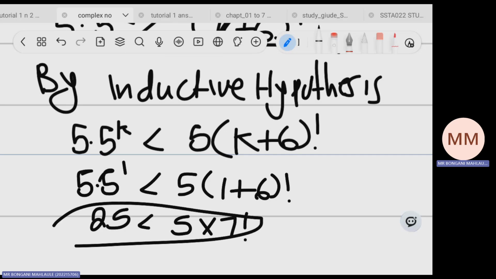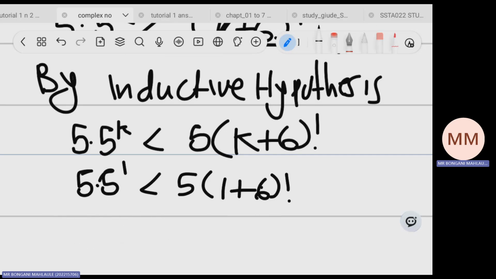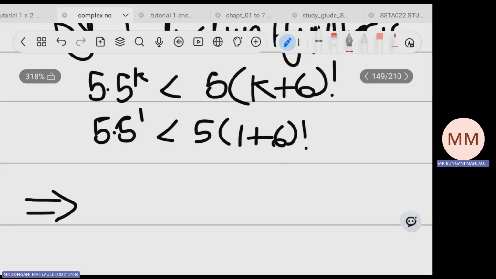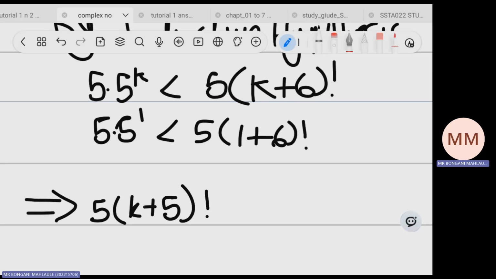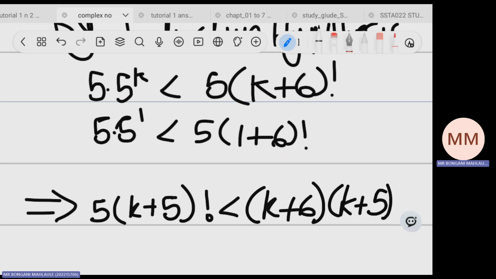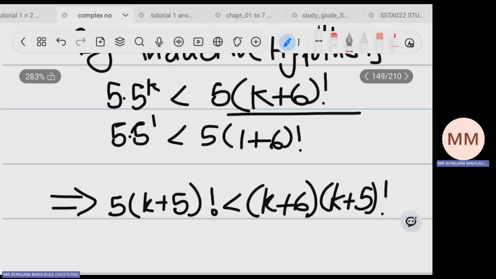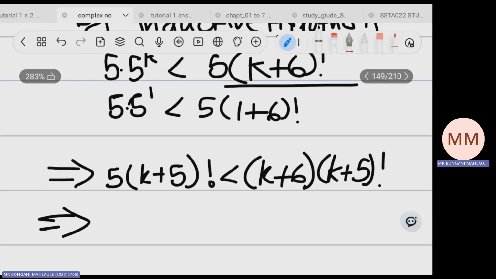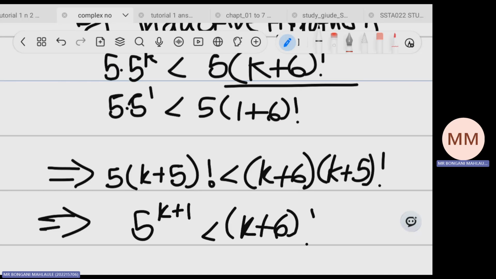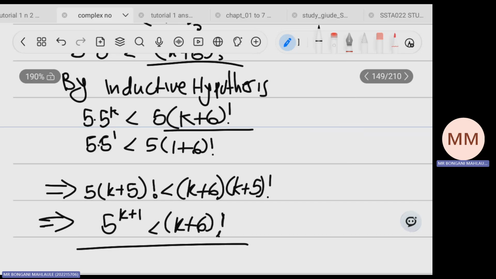You see that it will still be big. So we can now say that this will imply that 5 times 5 to exponent k is less than 5 times k plus 5 factorial, which is less than k plus 6 times k plus 5 factorial. When I simplify that, this will imply that 5 to exponent k plus 1 will be less than k plus 6 factorial. We'll also try to find a better way you can write this.